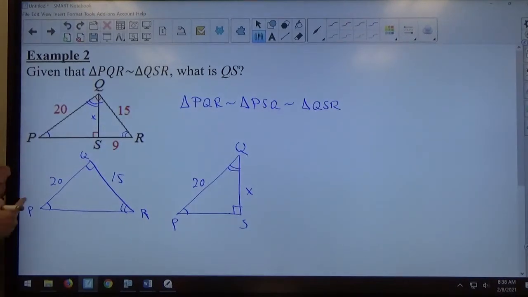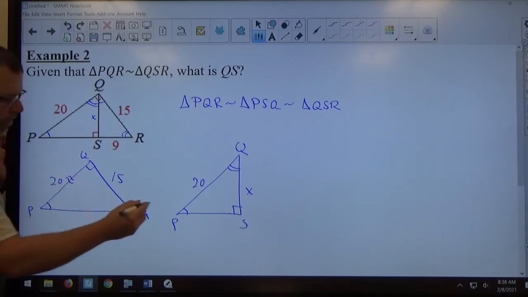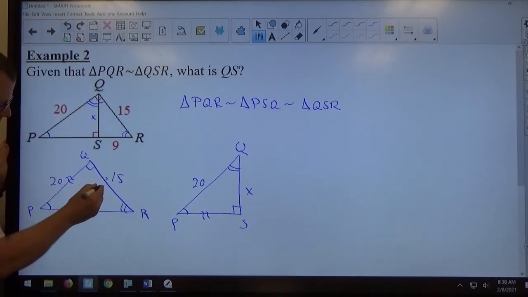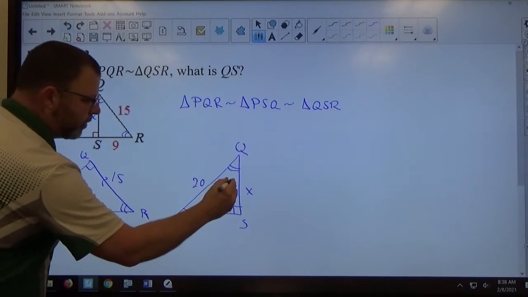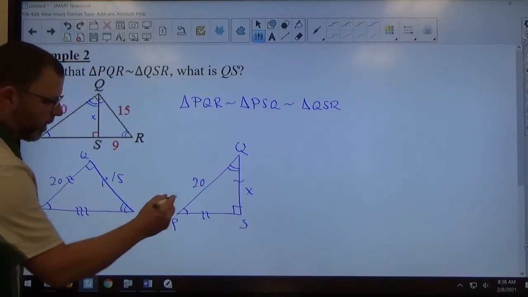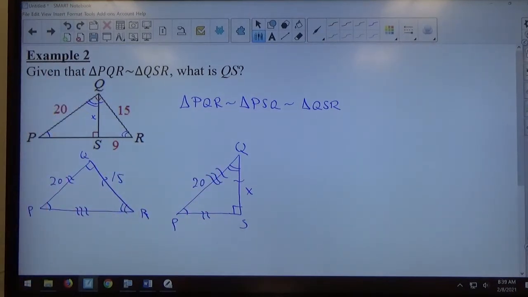This side corresponds to, I'm going to put 2 marks on it, this side corresponds to this side, and this side corresponds to this side, and this side corresponds to this side. With the setup that I have there, do I have enough information to figure out how big X is?